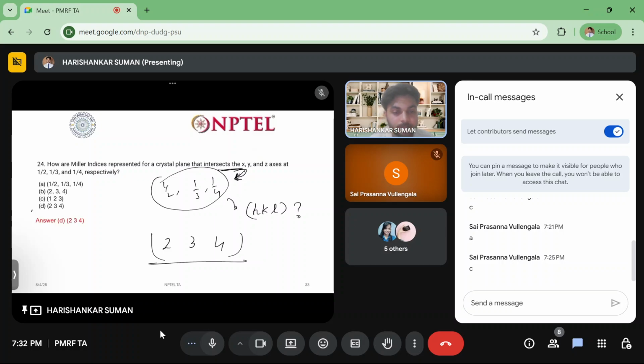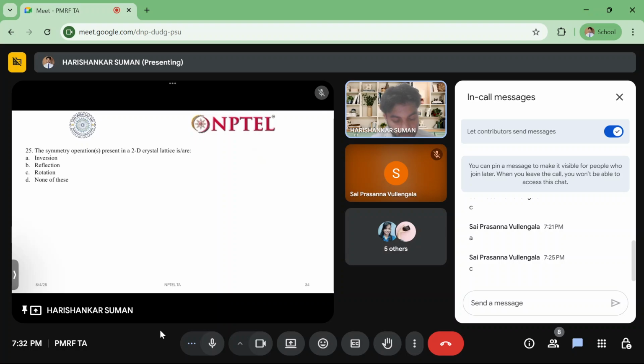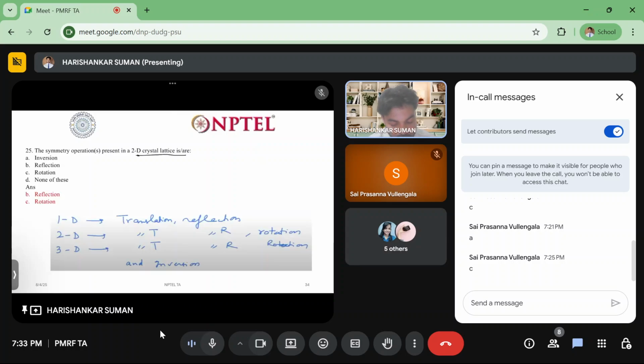Okay. Next question. The symmetry operations represented in a 2D crystal lattice are: in 2D, only reflection and rotation are present, along with translation. In 3D, translation, rotation, and inversion. In 1D, translation and reflection.